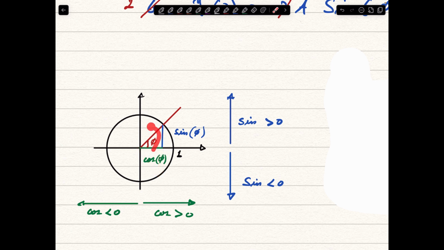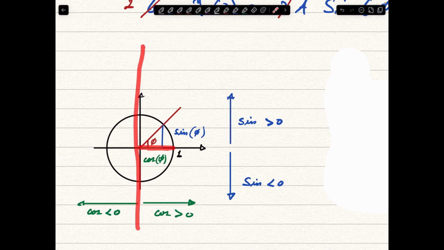So the angle could be anywhere here, and there is a convention that the sine is going to be positive wherever you are on this side. The sine is positive here and the sine is negative here. So if the segment is vertical down, the sine is negative. And for the cosine, the signs are determined by the vertical line here.